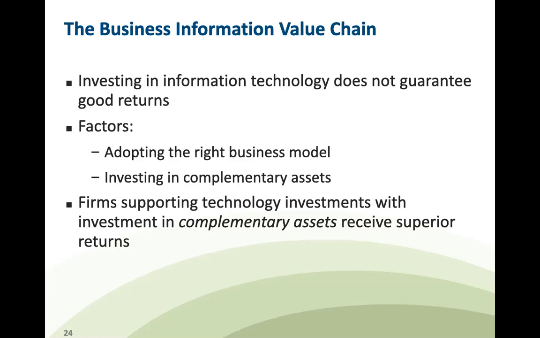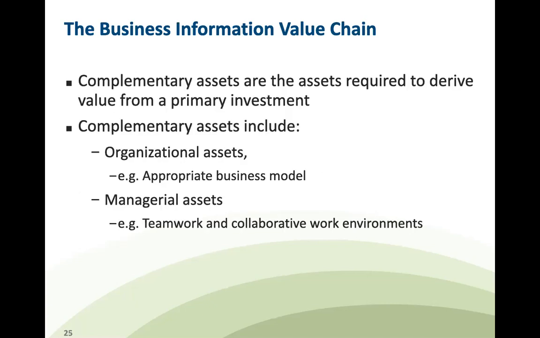If a business has complementary assets such as marketing capabilities and a huge brand name, it's easy and convenient for them to receive superior returns with the use of information technology. Basically, complementary assets are the assets required to derive value from a primary investment.